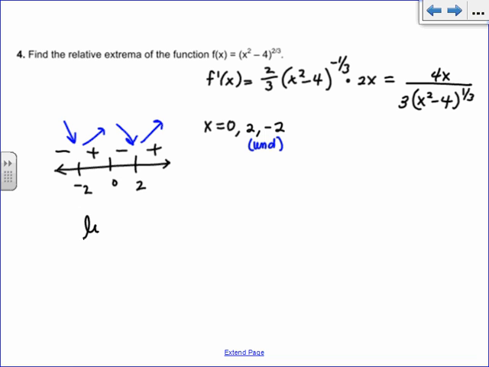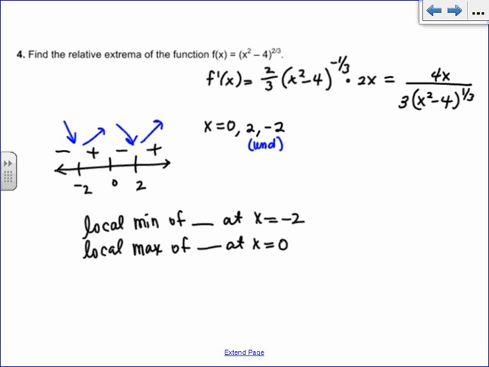So we're going to say local min of something at x equals negative 2, a local max of something at x equals 0, and a local min of something at x equals 2. So we have a min, a max, a min.